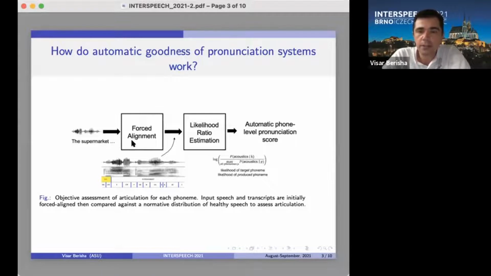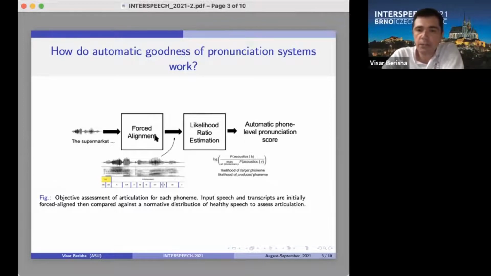The first step is a forced alignment, aligning the acoustics to the text and to a phoneme by phoneme pronunciation of the text. The output here is both the acoustics and the start and end points of each phoneme. Then a secondary step uses a pre-trained acoustic model on typical speech.